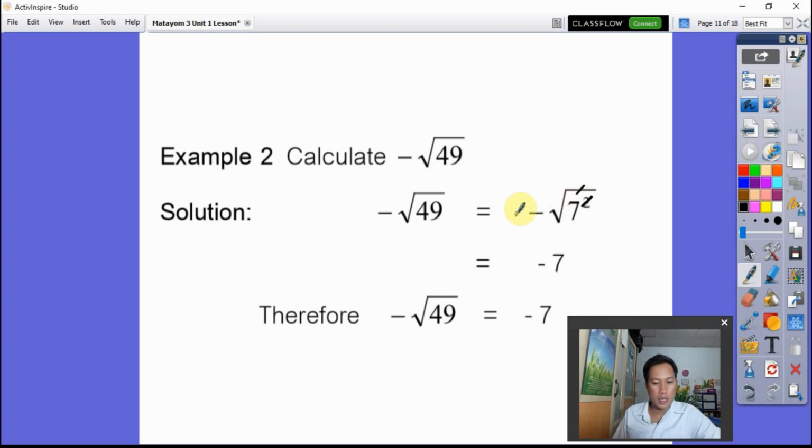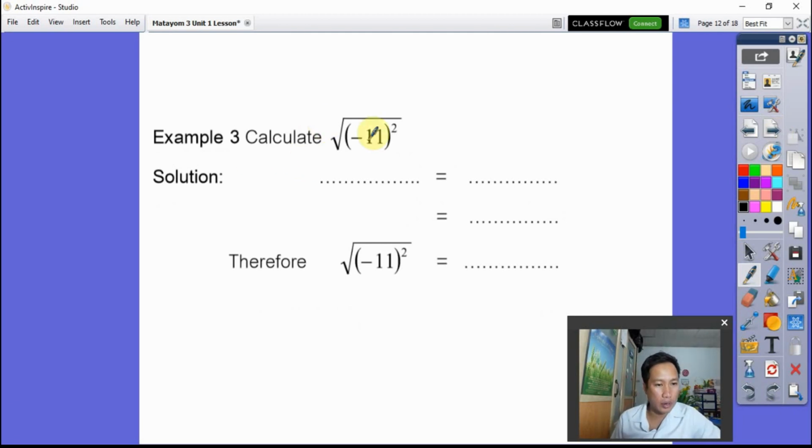What's left here, or what's outside here, is negative. So we have minus 7, or negative 7. So negative root of 49 is equal to negative 7. Very easy.